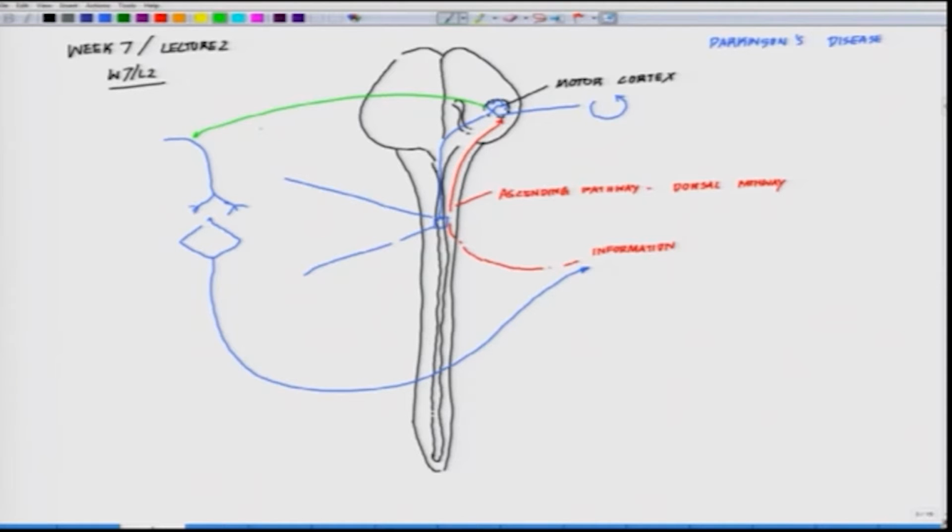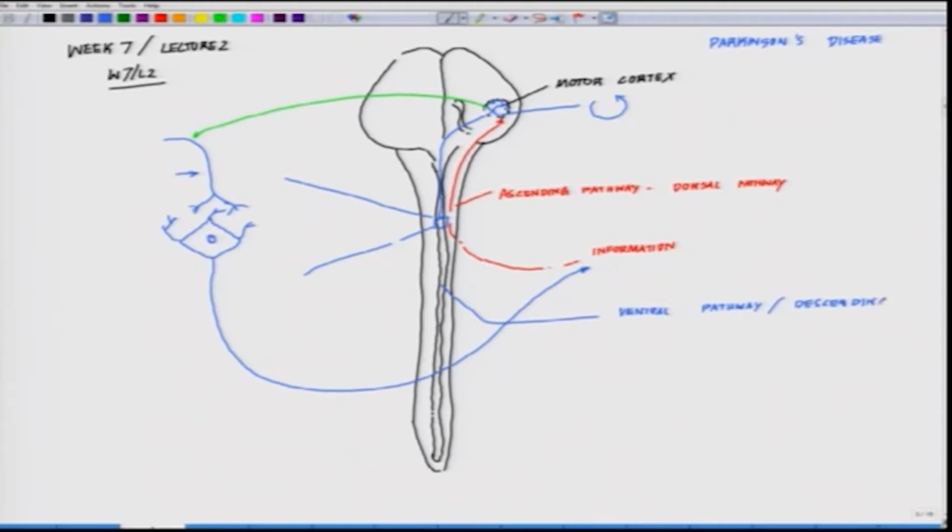So, this neuron which is bringing the information from the motor cortex to the motor neuron sitting out in the ventral horn: so this is the ascending pathway or the dorsal pathway, and this is the ventral pathway or descending pathway.